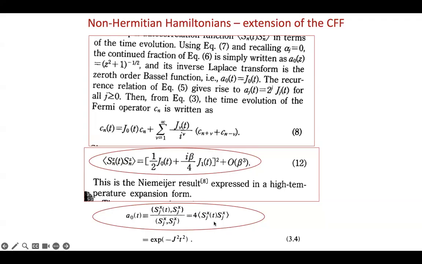This is different. Commutations are different, and the results are very, very different. And that is the reason why the results for the XX and YY correlations are so different. It turns out to be a Gaussian. So in one case, you have a Bessel function, oscillatory like that, in the relaxation function. In the other case, a Gaussian. So now we know all of them: XX, YY, and ZZ.